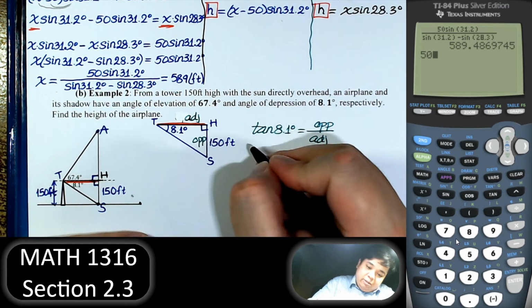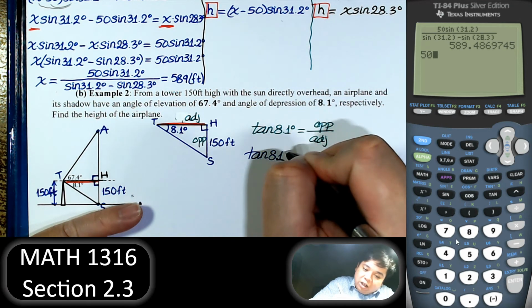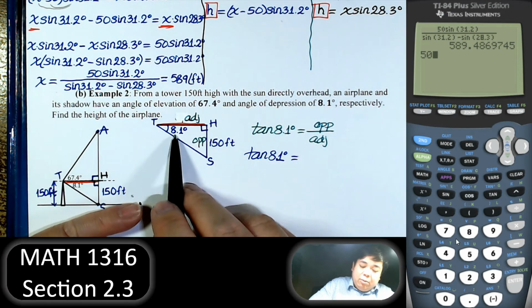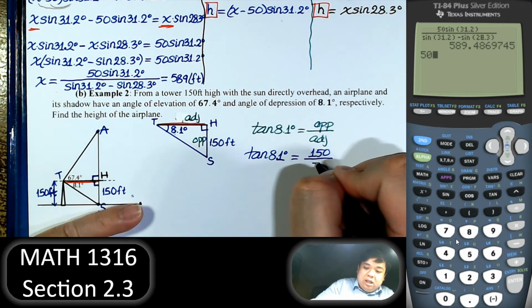So tangent of 8.1 degrees equals opposite, which is 150, over adjacent, which we don't know, but it is TH.